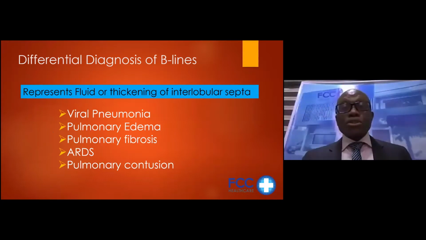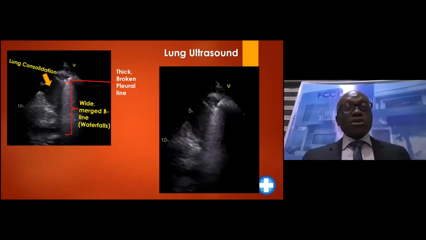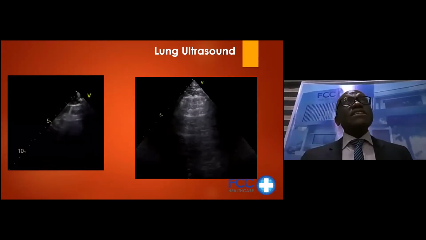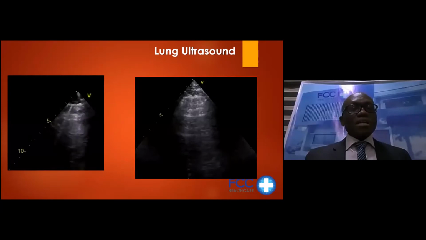Now, let me show you some examples of abnormal pathology. So I'm showing this here, the panel on the left, to show you what normal looks like. Again, you see the horizontal lines, which are the A lines, okay?